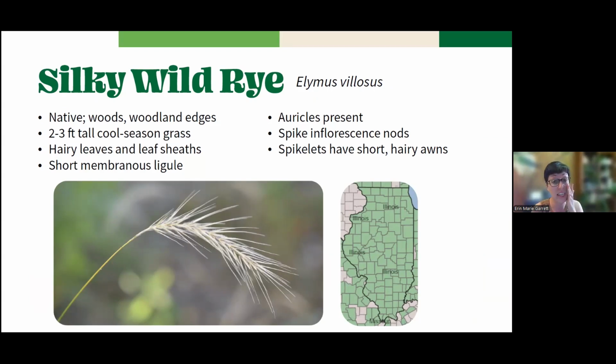So with that silky name, it's from the silky hairs that you find along this grass. So you're going to find those hairs on the leaves, on the leaf blades, on the leaf sheaths. You're also going to find them on the spikelets and the awns themselves, as you can kind of see in this photo. With this one as well, the whole spike is going to nod to the side. So whereas Virginia wild rye stayed upright, this spike is going to nod to the side.